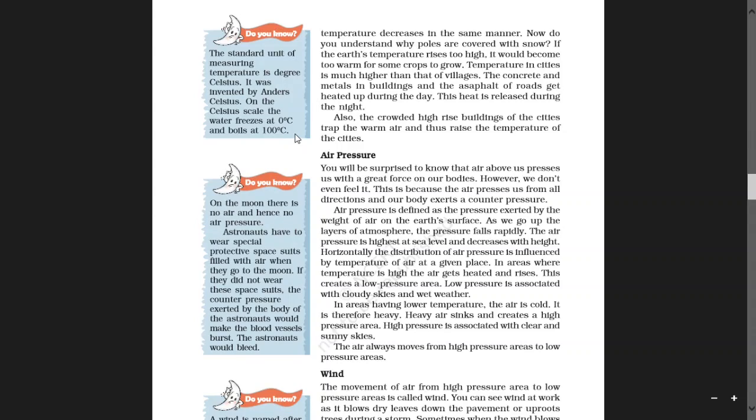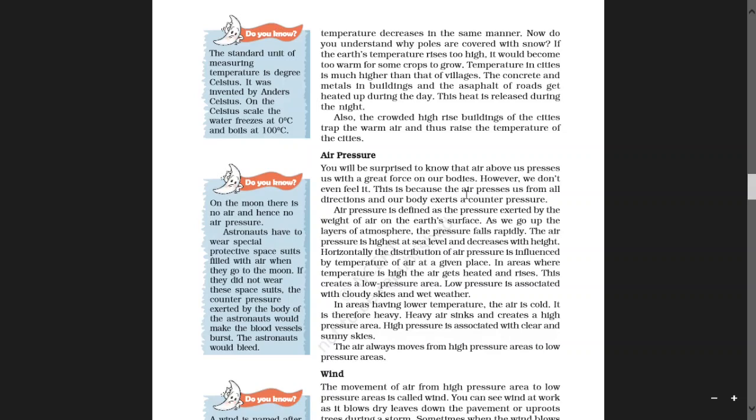Now come to air pressure. You will be surprised to know that air above us presses our bodies with a great force. However, we don't even feel it.